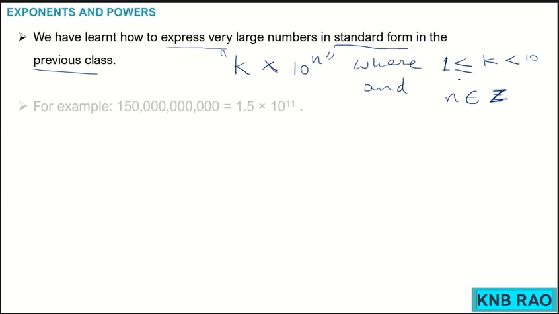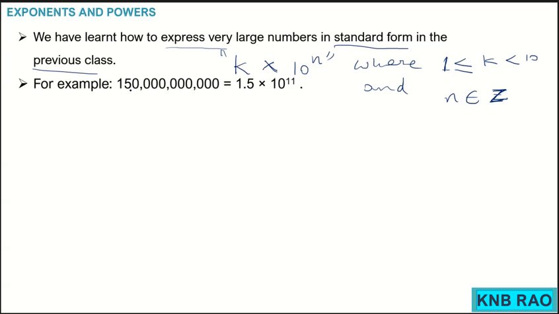Now, for example, you have 150 billion, where ones, tens, hundreds, thousands, 10,000s, 100,000s, million, 10 million, 100 million, billion, 10 billion, 100 billion. So, we normally read 150 billion, but every time it is difficult to write it.